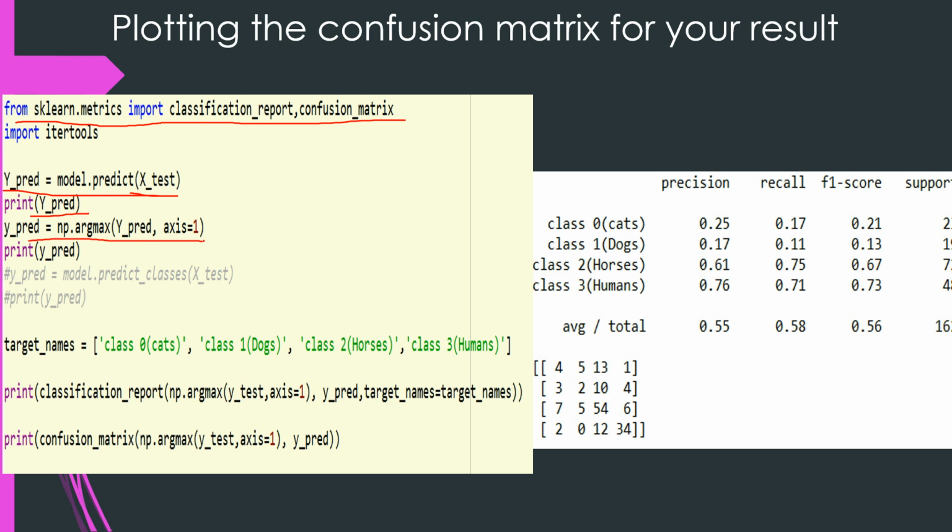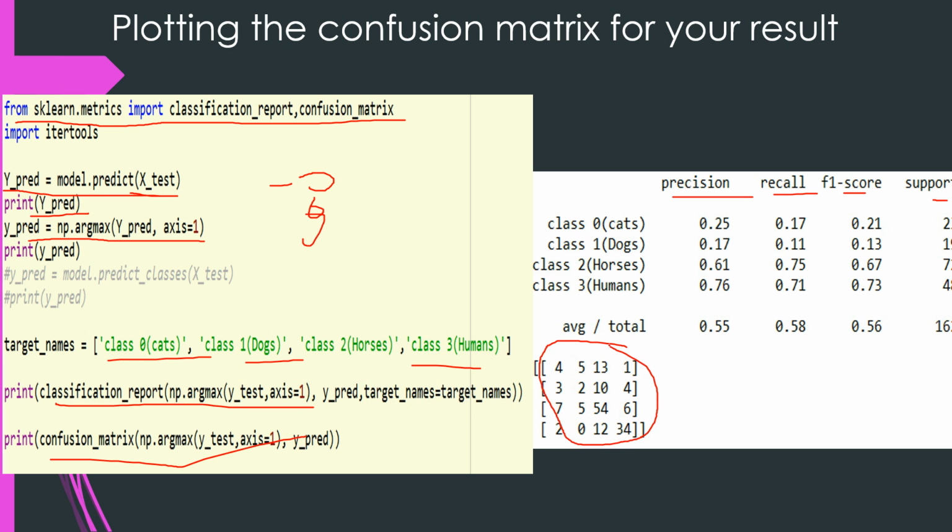Each test image will have a 4-value output, remember, because there are 4 classes. So we'll take argmax to get that particular class value, and we can give the class names, and when you print a classification report, you get this. It will give you precision, recall, f1 score and support. And this one, print confusion matrix, is this confusion matrix.